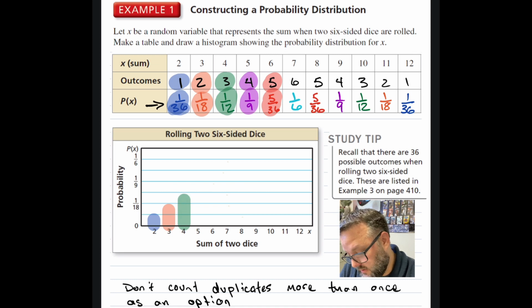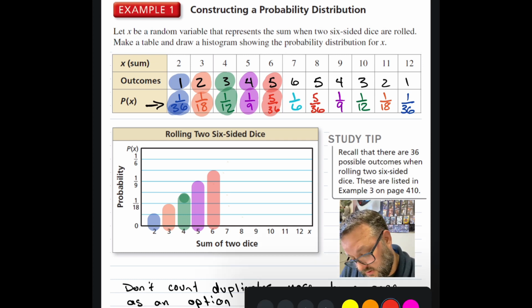A little bit taller, but you get the idea. There we go. All right. Then we have, for rolling a sum of 6, or sorry, a sum of 5, there is a 1 in 9 chance. For rolling a sum of 6, there is a 5 in 36 chance, which is right here.